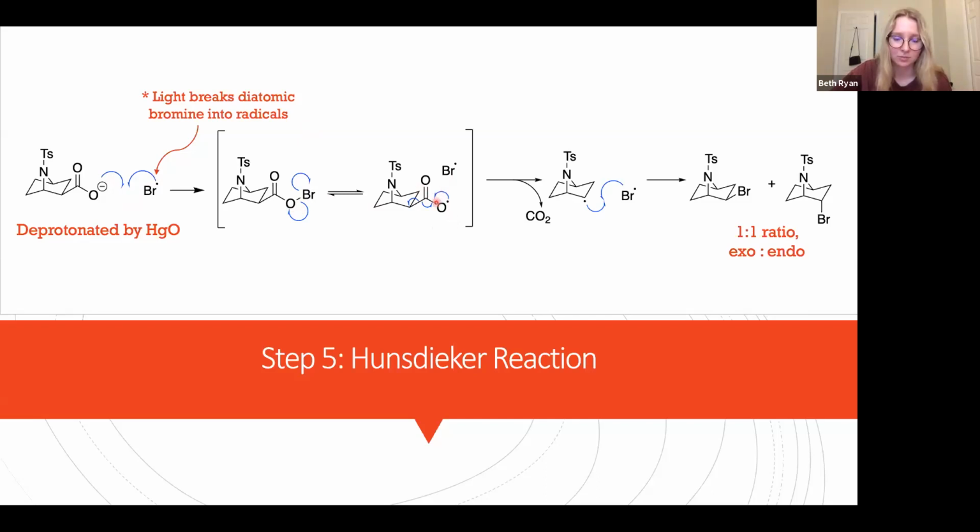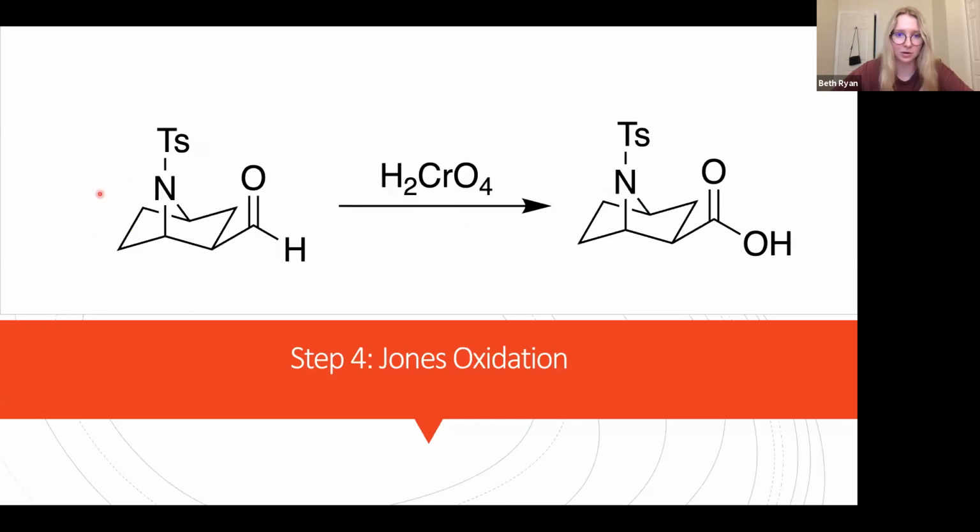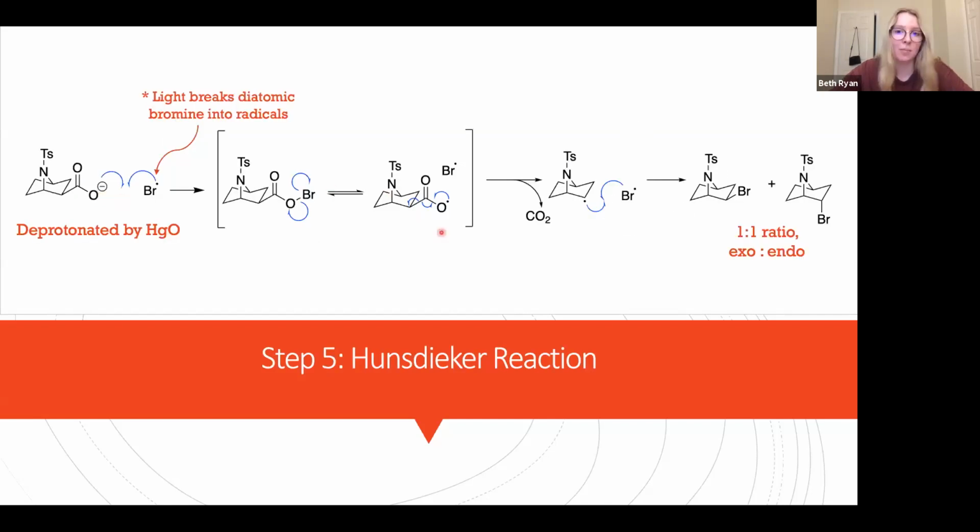There's a bunch of single-headed arrows happening. One leaves and makes this carbon a radical. The other one forms a bond here with this radical that was on the oxygen to form carbon dioxide that leaves in this step. So you make this carboxylic acid in the previous step just to decarboxylate it in the next step to add a bromine.